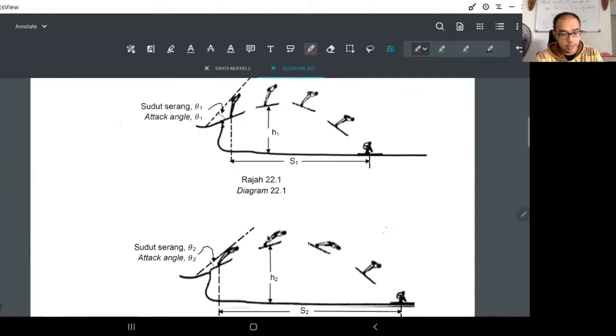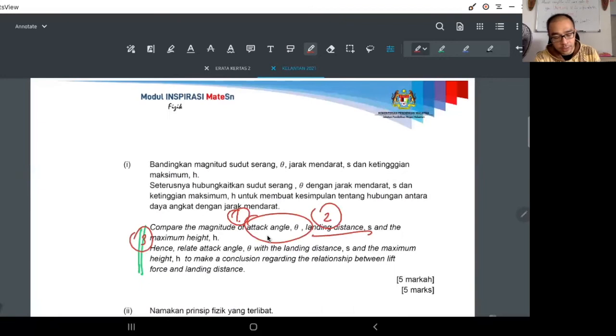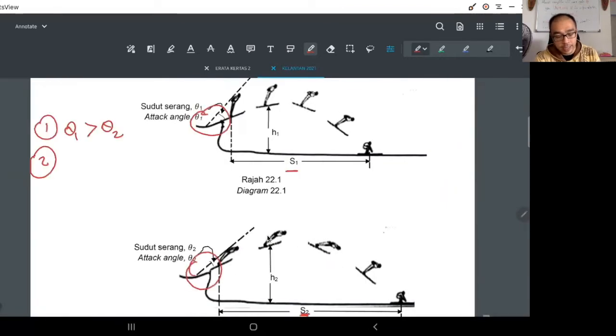Okay, let's take a look at this. Very obvious. This one, attack angle 1 is bigger than attack angle 2. Okay, look at this angle, look at this angle. Very obvious. Okay, number 2, look at the distance. Okay, the landing distance, S. S2 is bigger than S1.